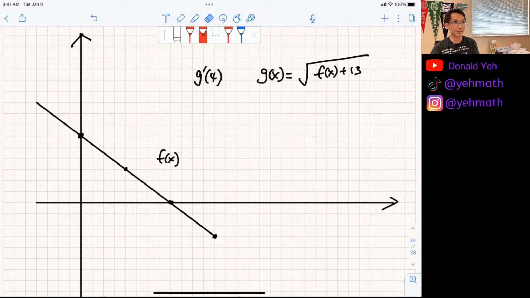It's square root of f of x plus 13. If you need help, just raise your hand.